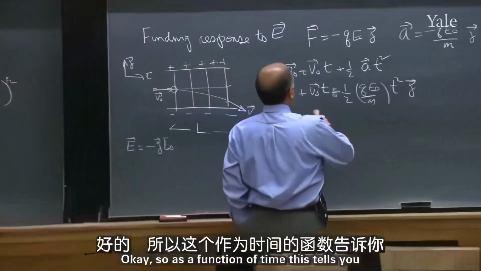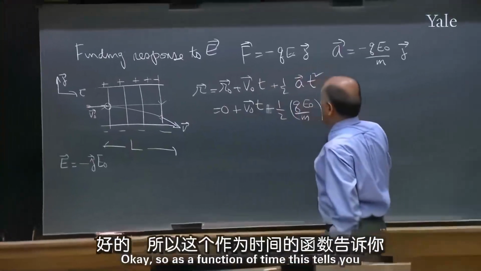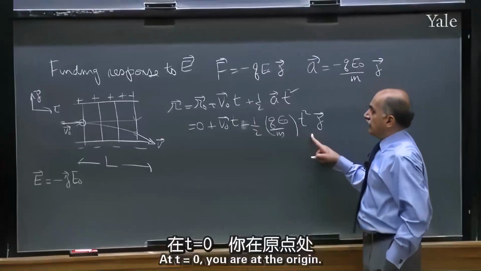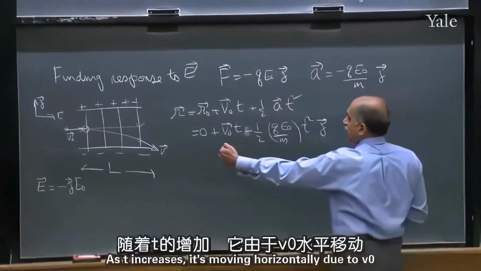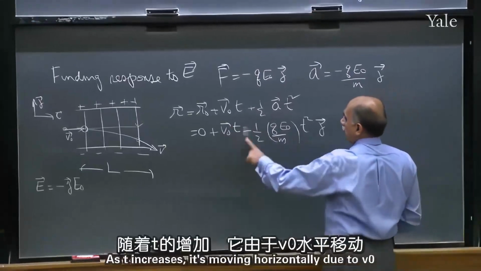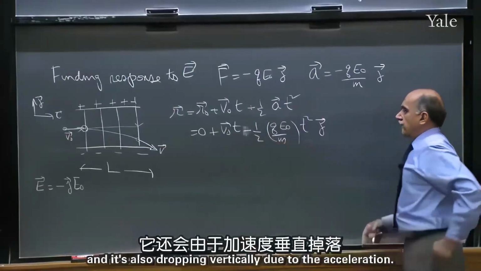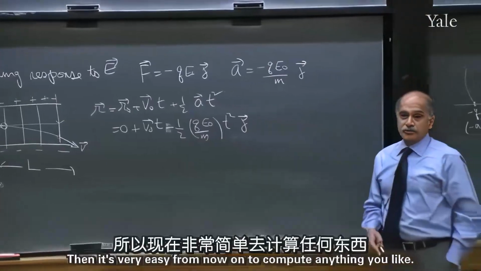Okay, so as a function of time, this tells you where the position will be. At t equal to 0, you're at the origin. As t increases, it's moving horizontally due to v naught, and it's also dropping vertically due to the acceleration.